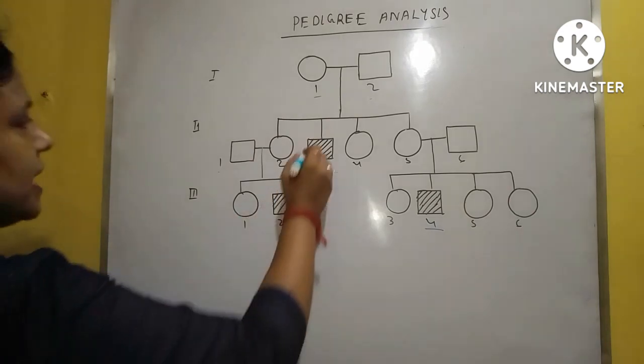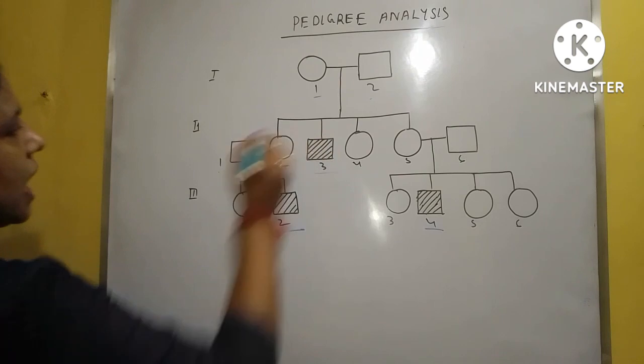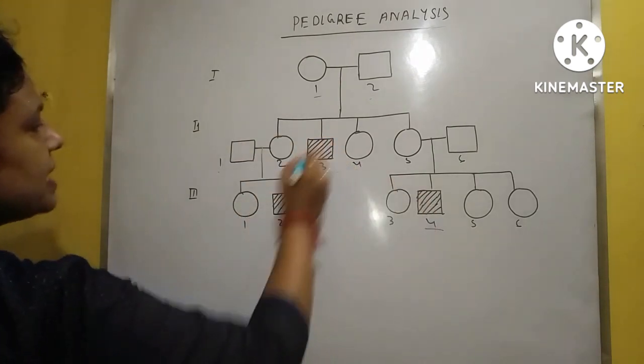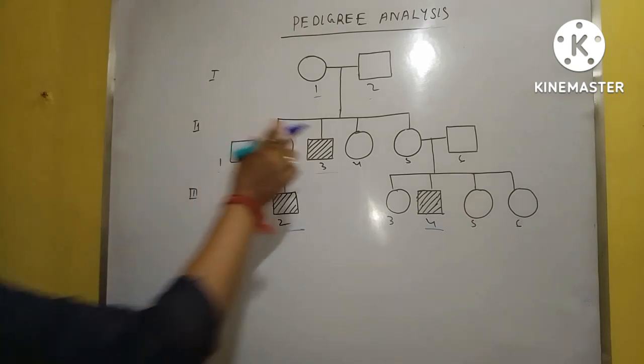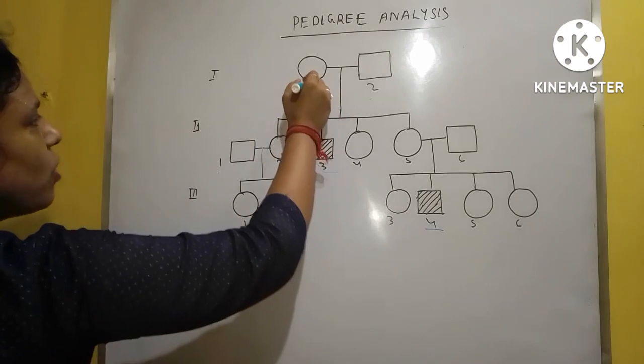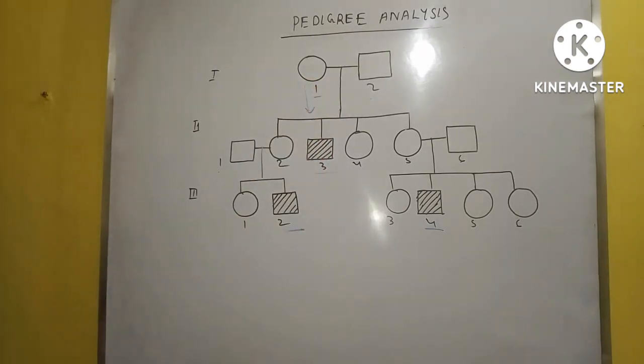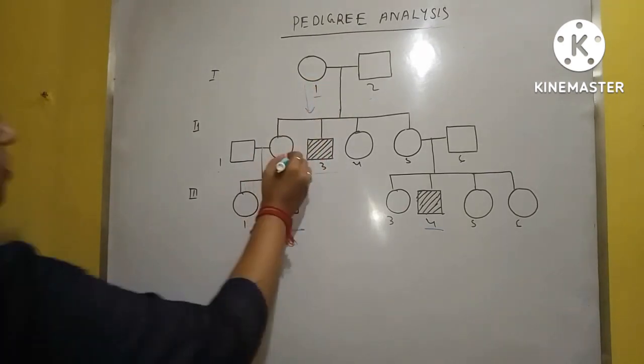If mostly males are diseased here, the male individuals, that means the diseased gene is carried from the mother.